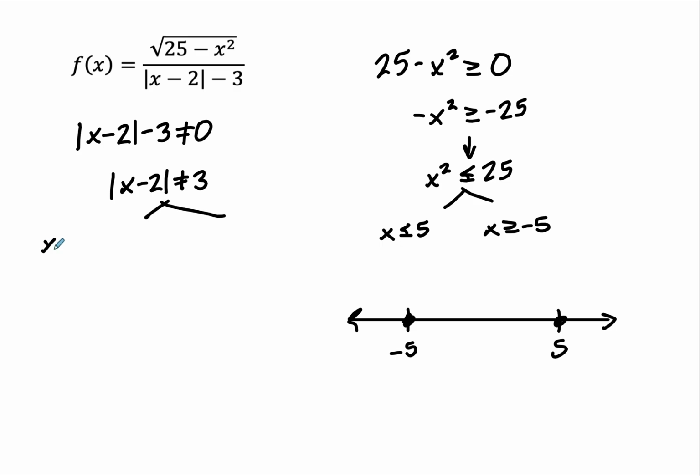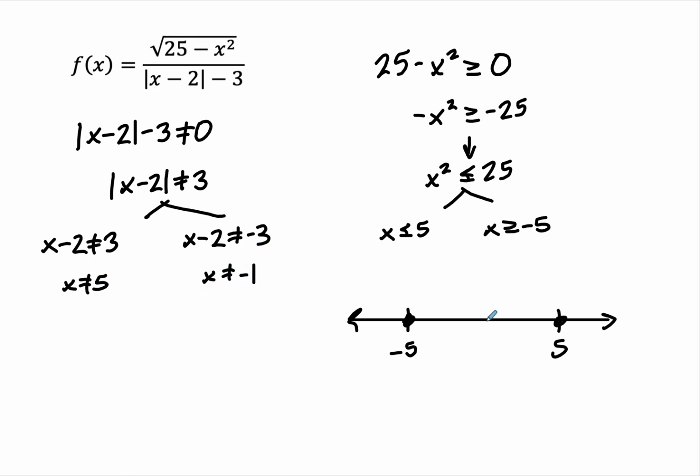So we're going to split it into two situations. So we have x minus 2 cannot equal 3, and x minus 2 would not be equal to negative 3. Okay, so that would be where it's inside of here, it's negative, but it's absolute value, so it would turn positive. Okay, so our two solutions then are x cannot be equal to 5, and x cannot be equal to negative 1.